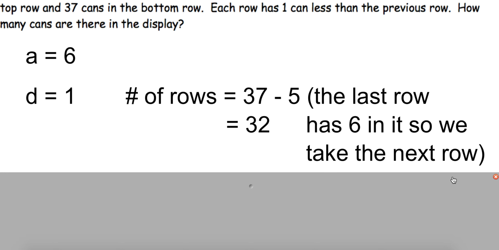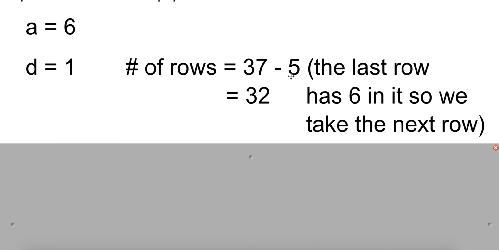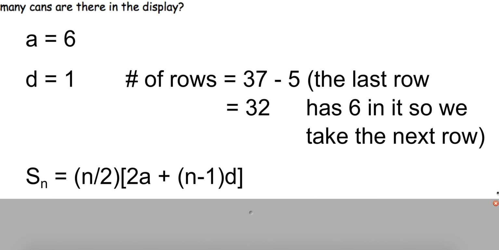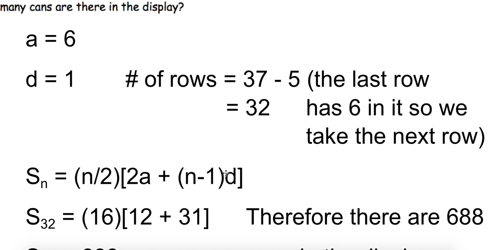That's what I've got here. So I would take away 5 because I'm not including any of those rows. So we have 32 rows. And then I just sub in all of this. We know A, we know D, we know N. So into this formula, we've got S32. So 32 divided by 2 is 16. 2 times 6 is 12.